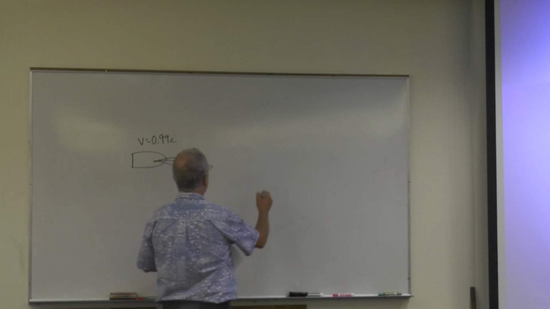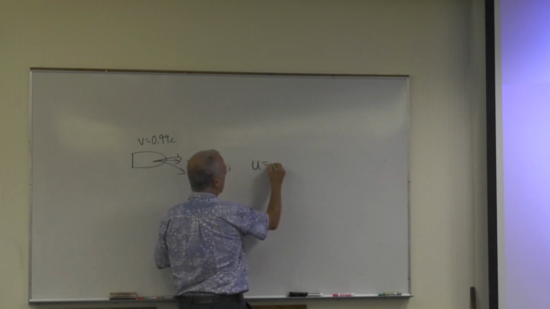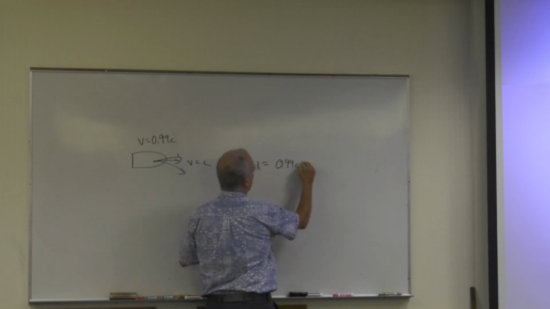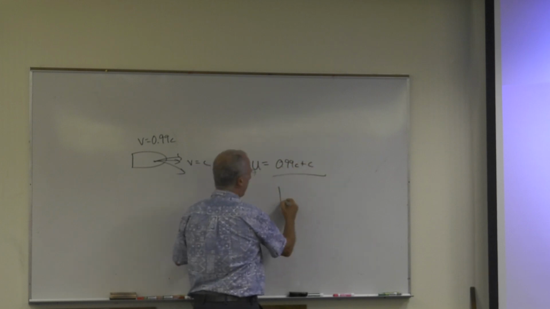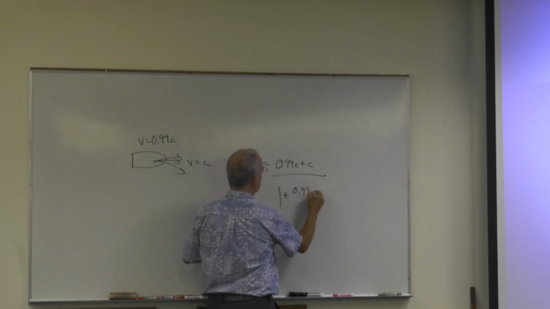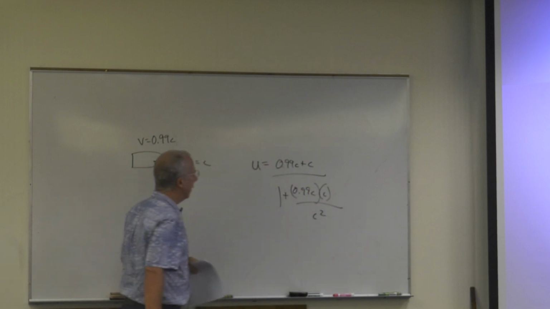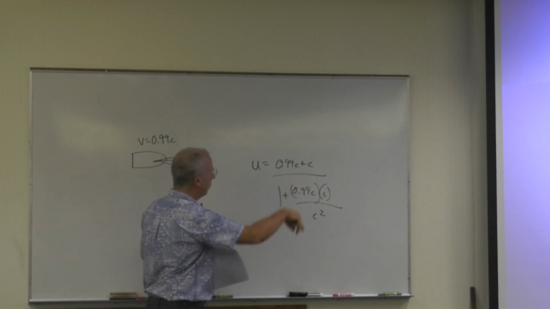So u equals u prime, 0.99c plus c, all over 1 plus 0.99c times c over c squared. Just using the formula.